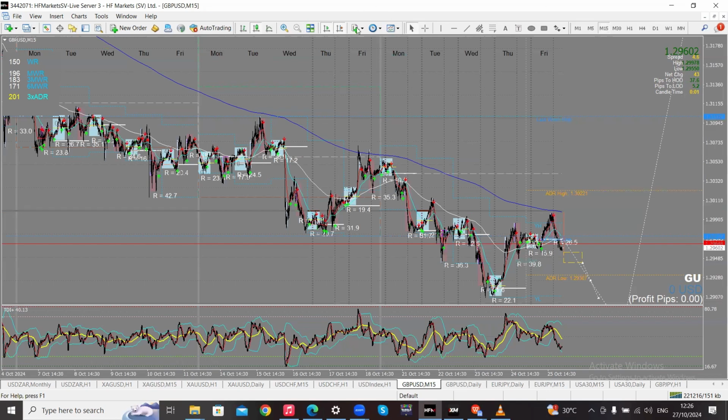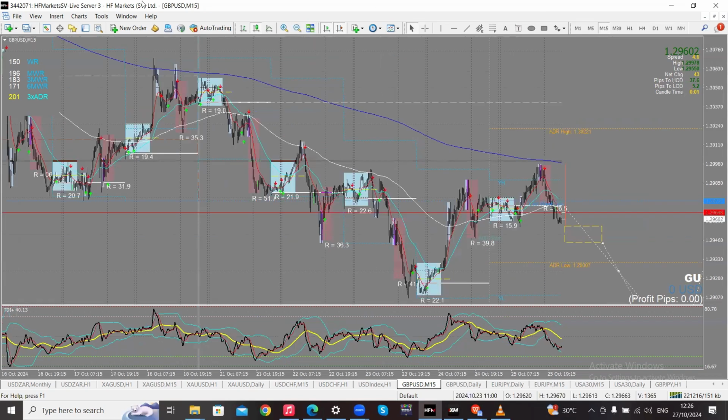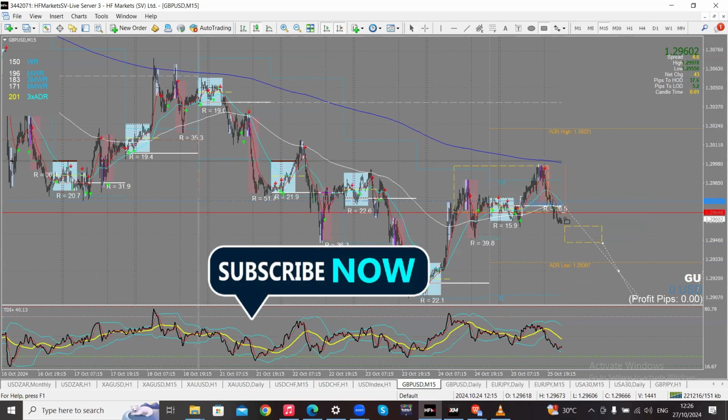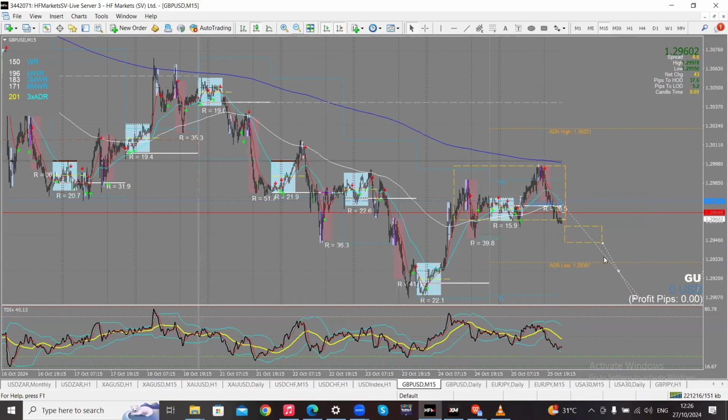We are also seeing that there is some kind of rejection here to actually show maybe a continuation of the momentum to the downside.